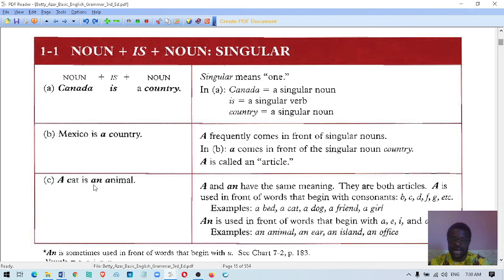Now we use what? AN. As you can see here, we have animal. And you remember our vowels, A, E, I, O, U. Because C is not a vowel, that is why we're using what? A country. But here, A is a vowel, and it's starting the animal. That's why we have to say a cat is an animal. Okay?